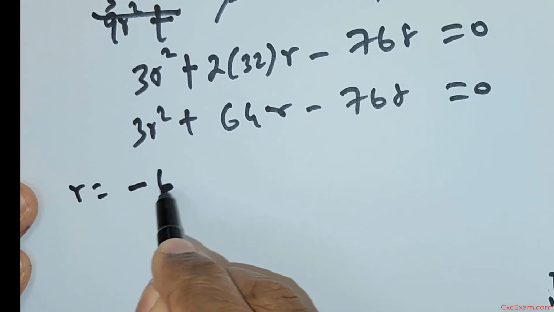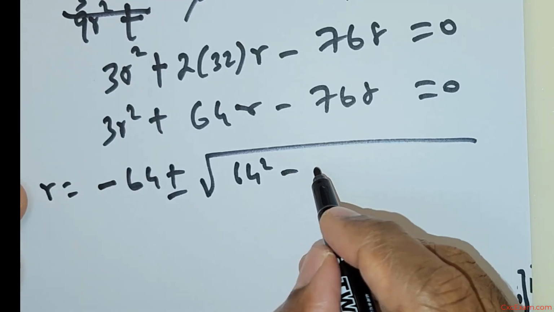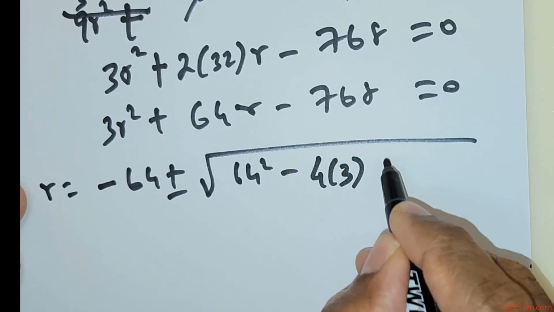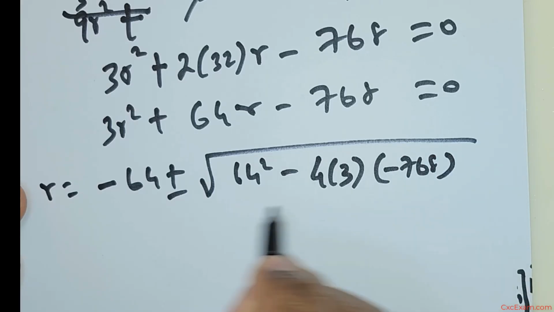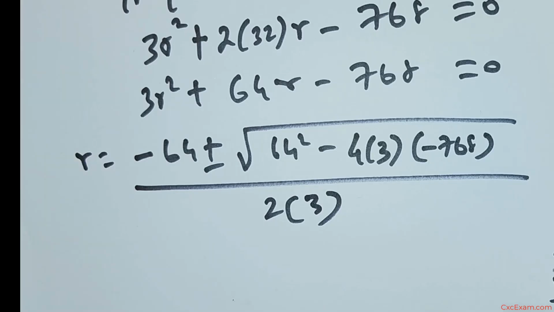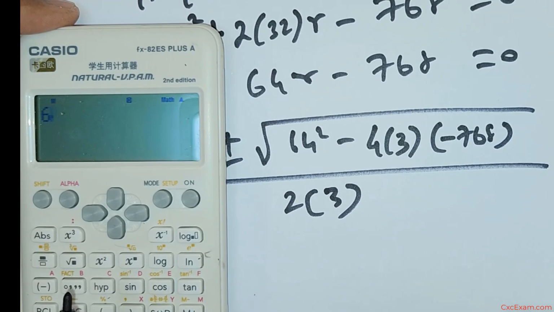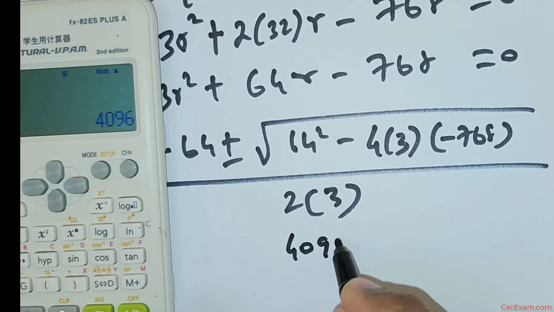So r is equal to negative 64 plus or minus the root of 64 squared minus 4 times 3 times 768, divided by 2 times a. 64 squared, I hope you can see that, is 4096.